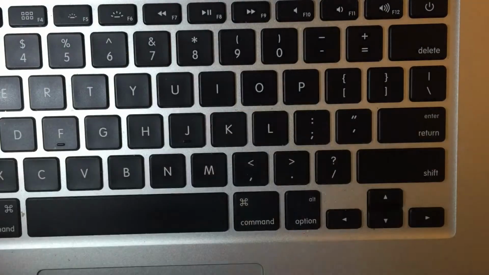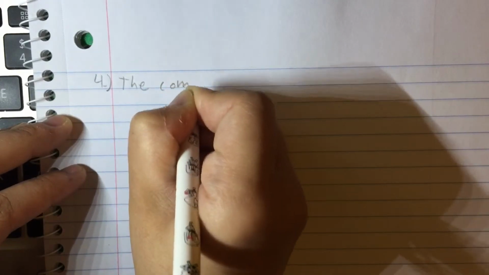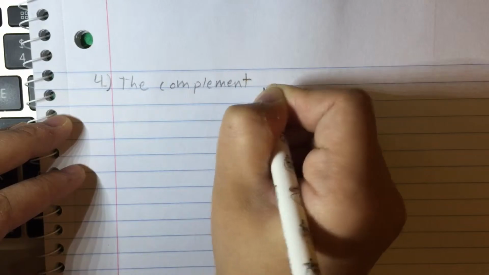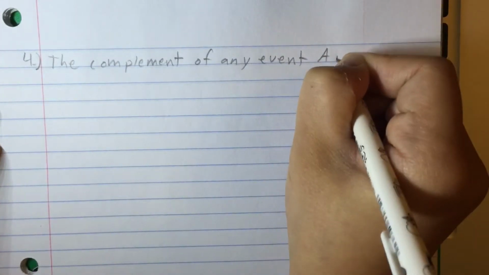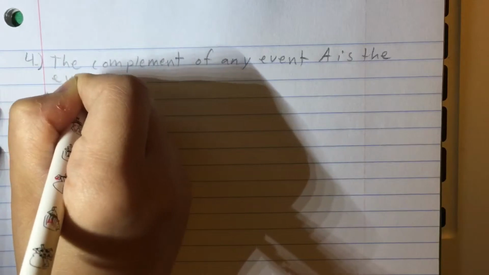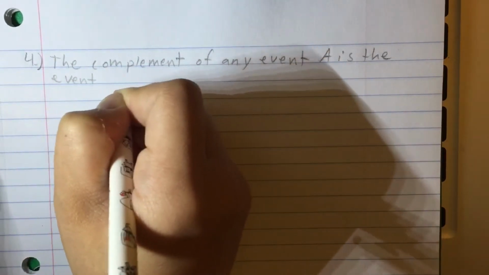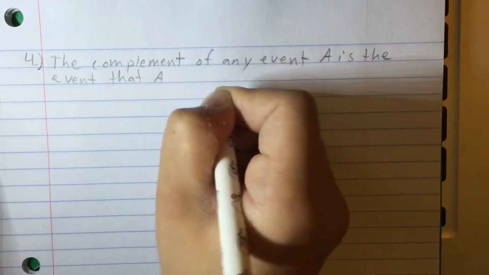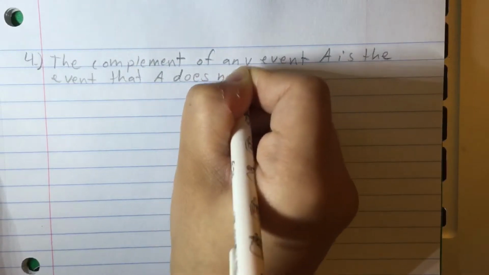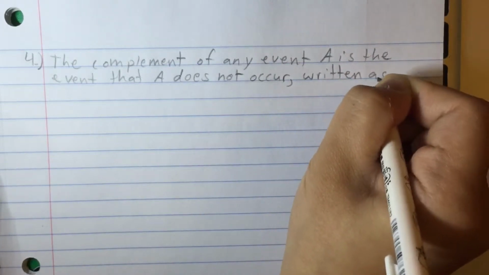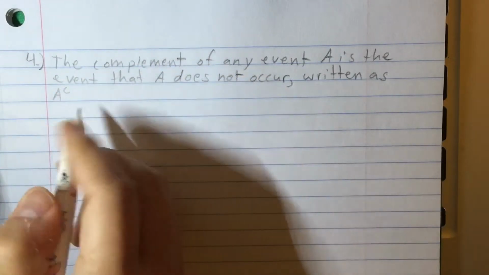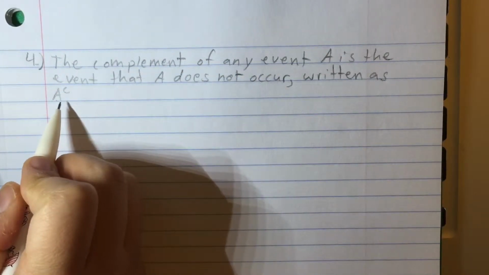So rule number 4, let's get a new page. Rule number 4 is the complement of any event A is the event that A does not occur, written as A C. Whenever you see A and then a C, it indicates complement.